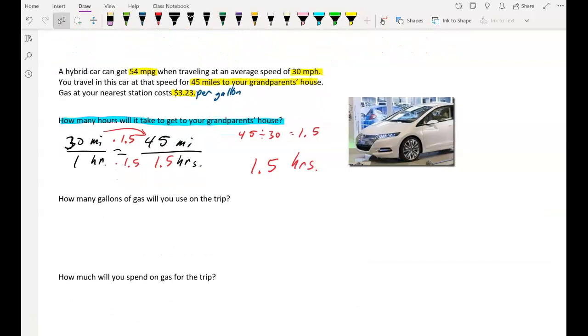Let's try it again. How many gallons of gas will we use on the trip? So we're talking about gallons of gas. So let's look for information that contains that. 54 miles per gallon. So at 54 miles for 1 gallon of gas, how many miles are we traveling? 45 miles.